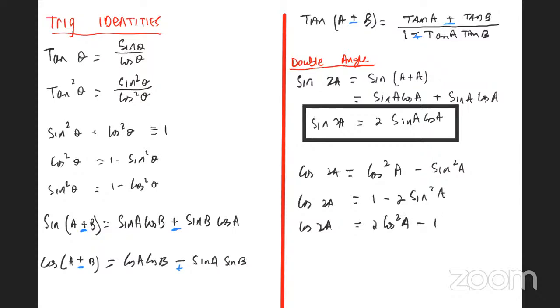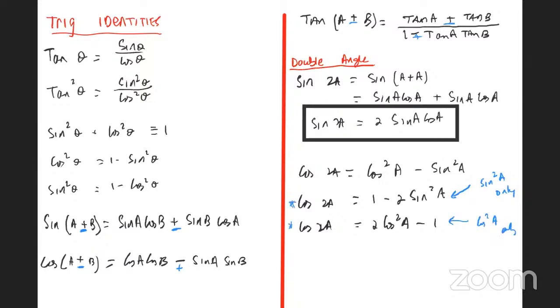You have to know when to use them. The first one is hardly used. The second is used when you want to get sine squared only. The third is used when you want to get cos squared only. So these are the two versions that are kind of popular.